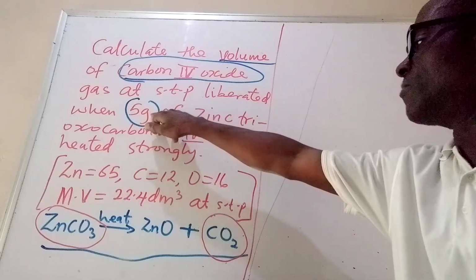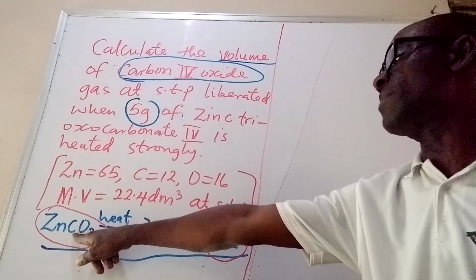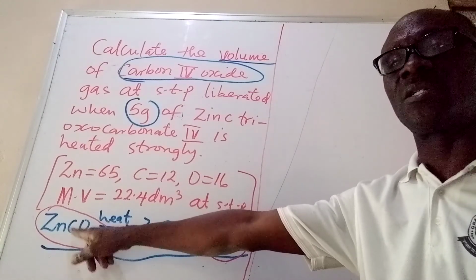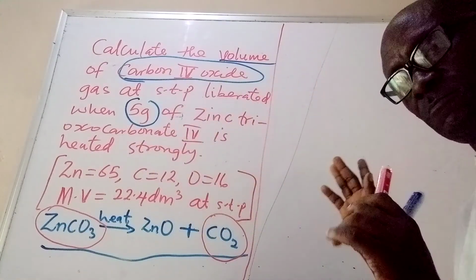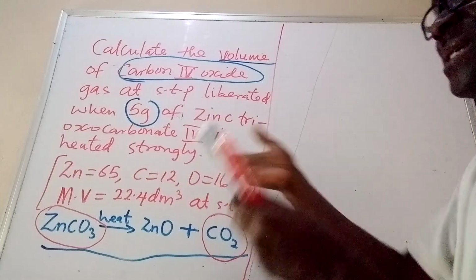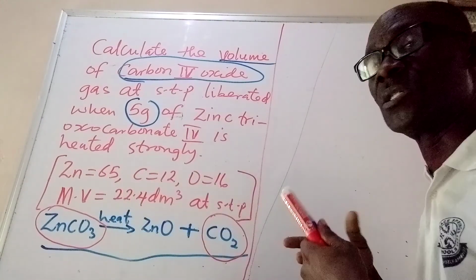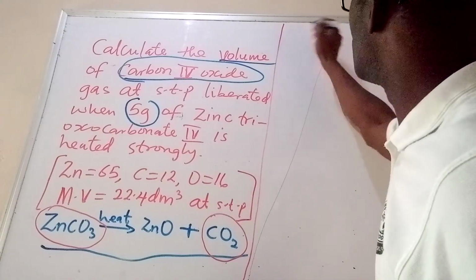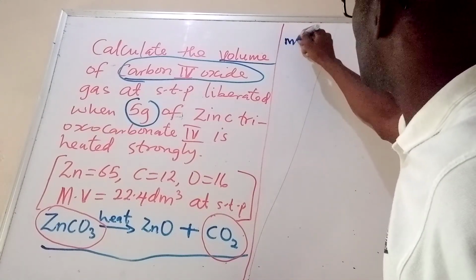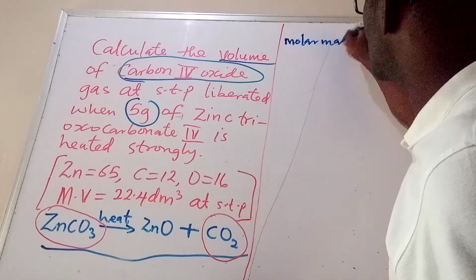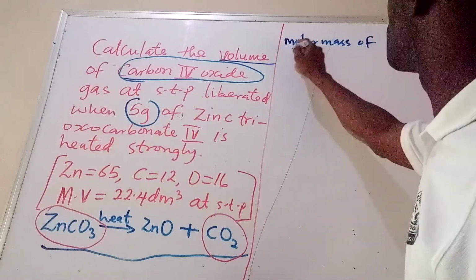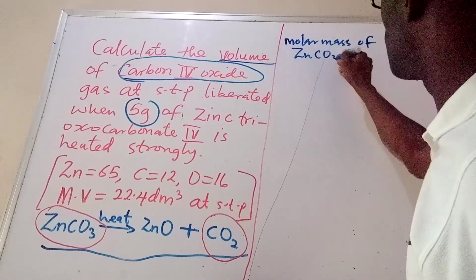Since mass is involved, I need to calculate the molar mass of zinc carbonate first. That's the first step. How do we calculate that? By adding the atomic masses of the constituent elements. So, molar mass of zinc carbonate.